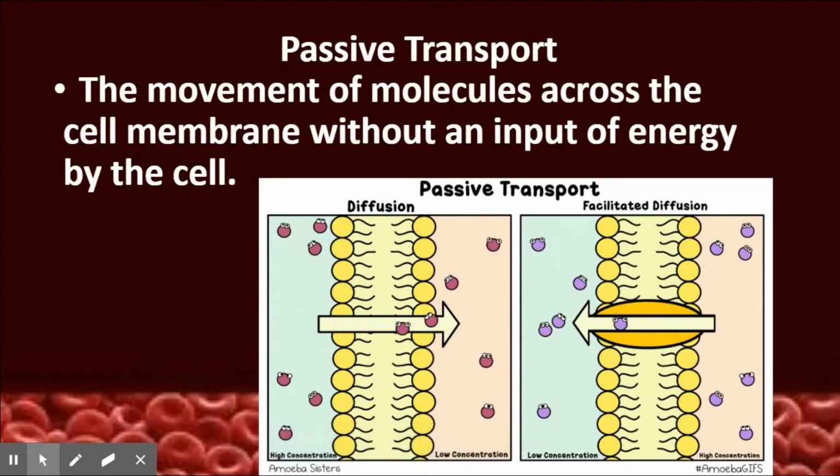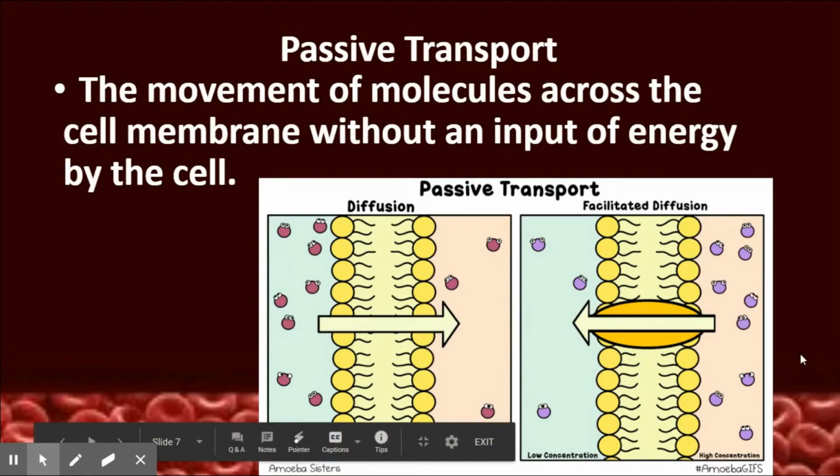They're trying to even out. Over on this side, they're going through a little passageway and doing the same thing. So there's a lot of the molecules or the particles here, and they're trying to even it out by going to the area where it's not so crowded. So sometimes they can go straight through the membrane, sometimes they need a passageway.